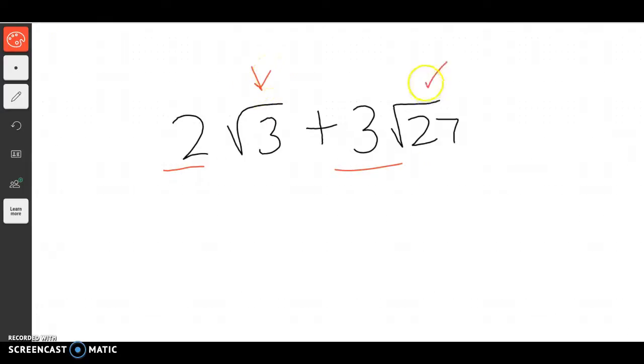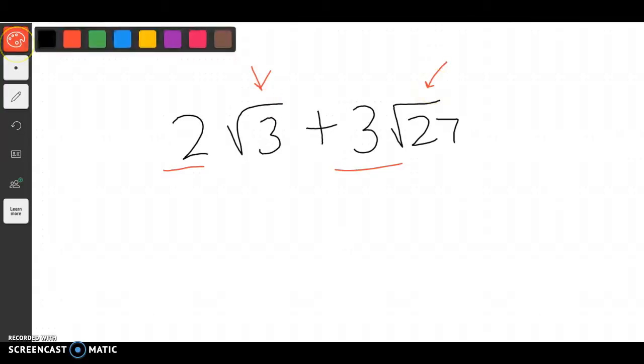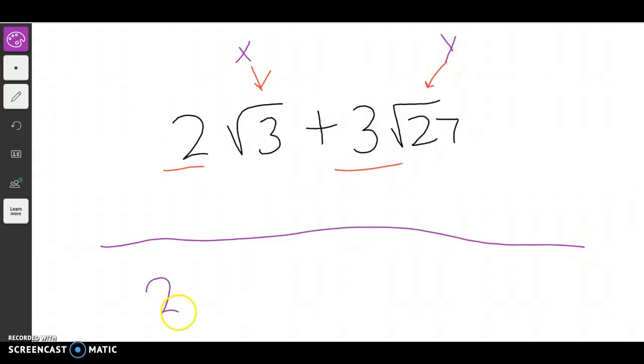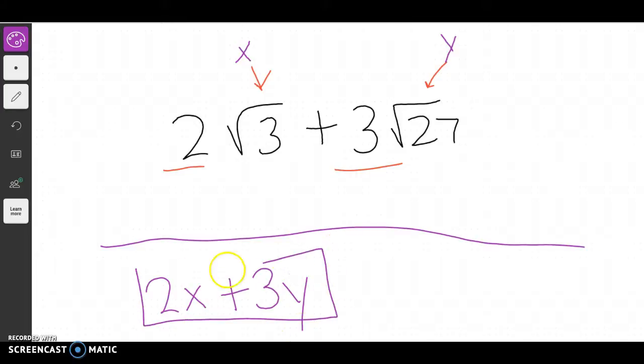And I don't know what radical 27 is, but I know it's some different number. If you think about this as a variable example, it's like we called this x and we called this y. Before, if I had 2x plus 3y, we couldn't add those together because they're not like terms. We would leave that, and in this case, we would normally leave that.